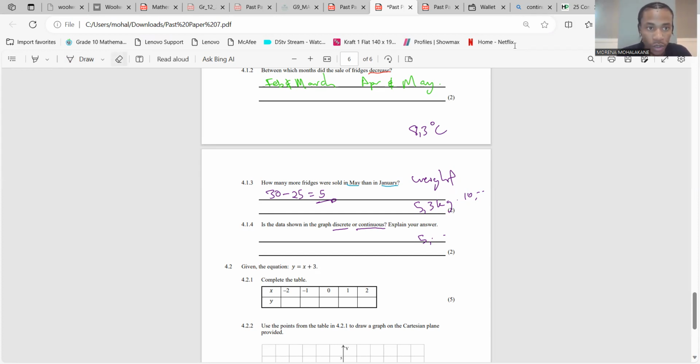Great. So my answer is discrete. Discrete, right? Because items are not continuous.